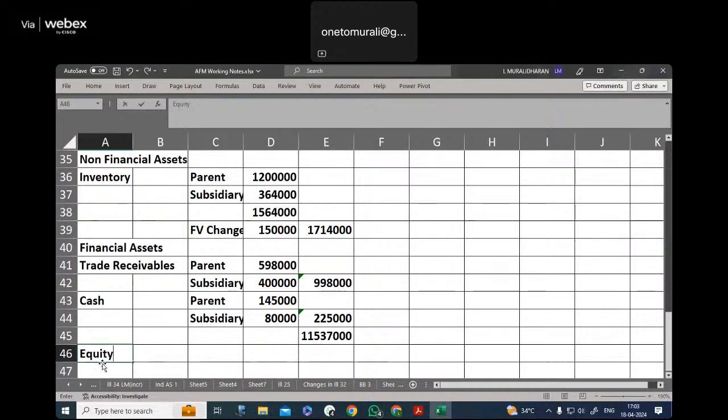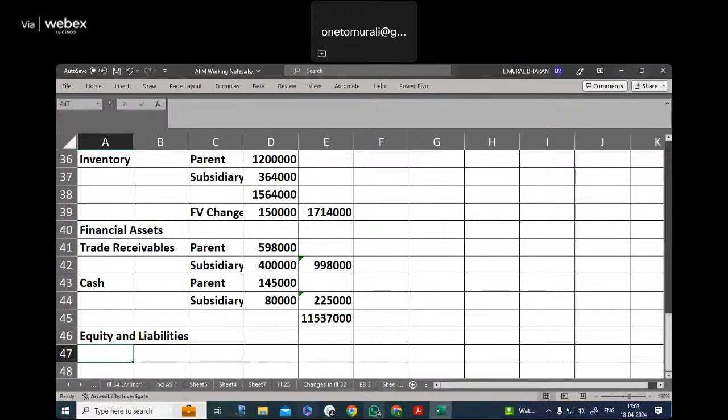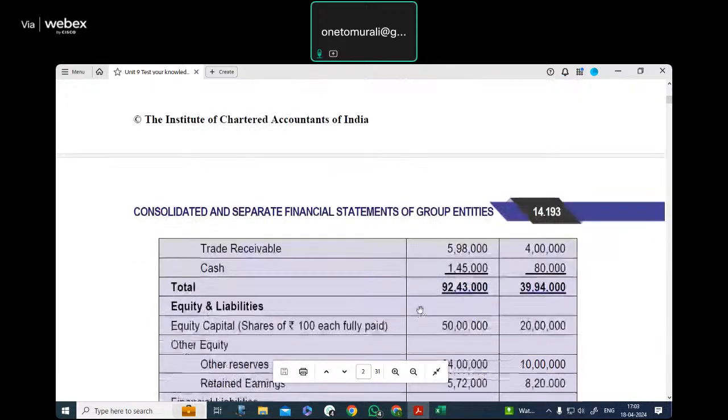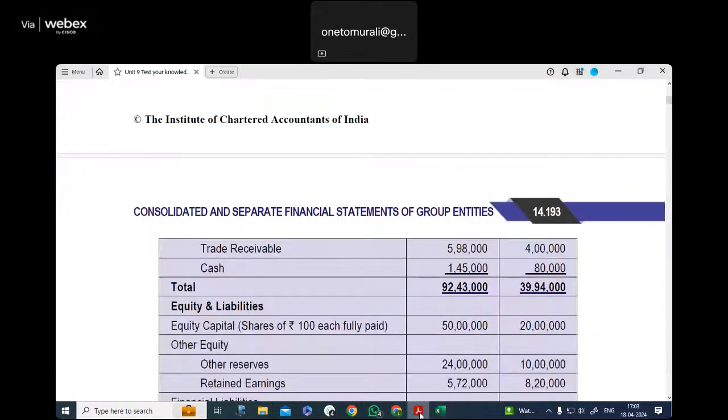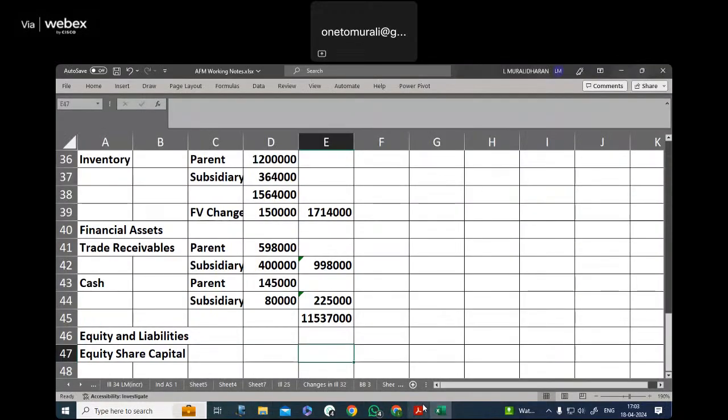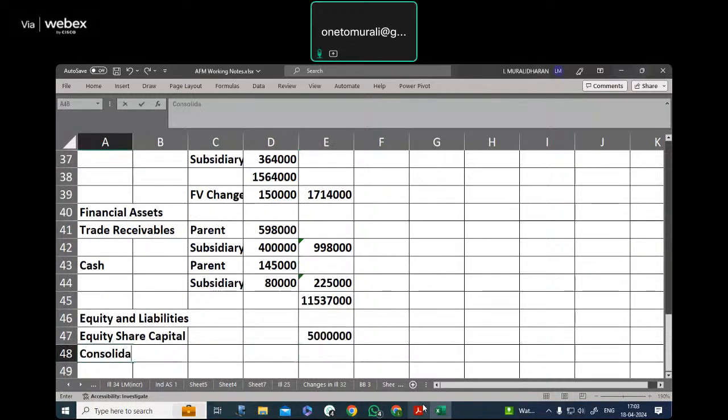And we will take amount of equity and liabilities. Equity and liabilities we will take up. Under that, equity share capital only we will take up. Firstly, $50 lakhs. Then consolidated reserves and surplus.